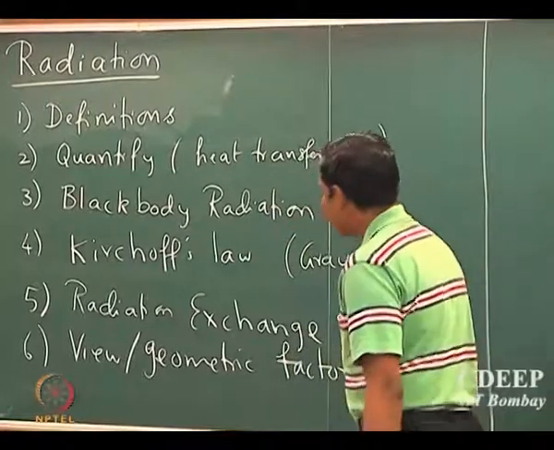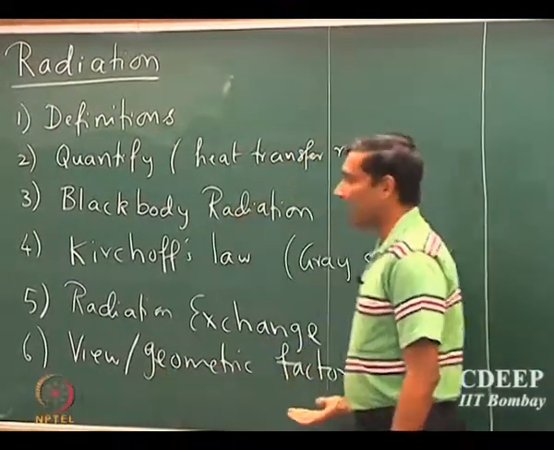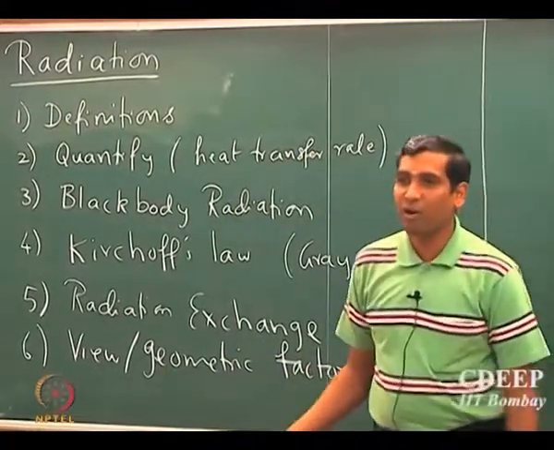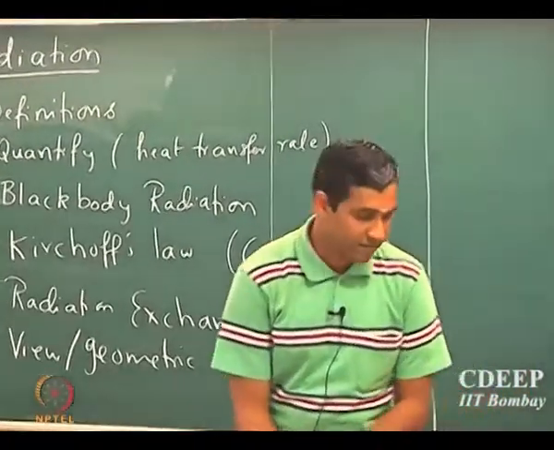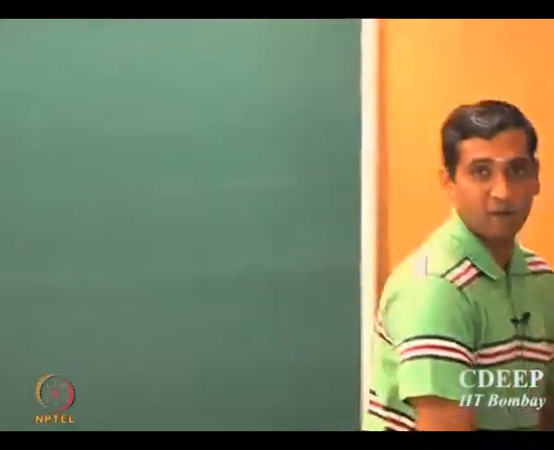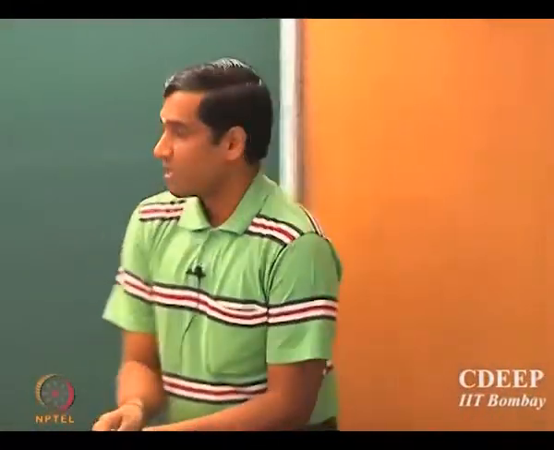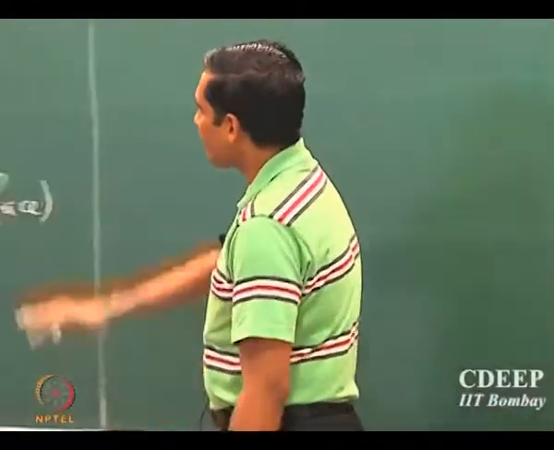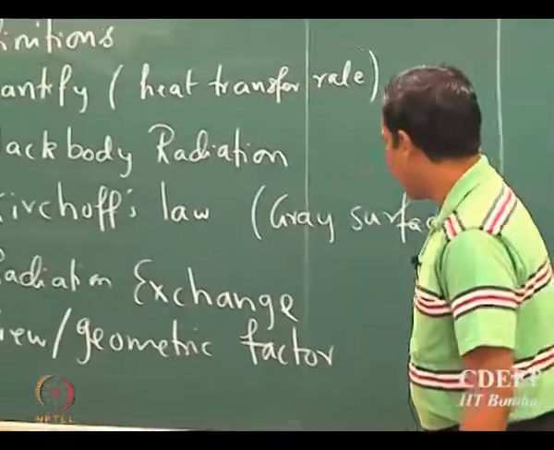So, one needs to find out what is the effect of the orientation, and that is what is generally called the view factor or geometric factor. So, we will look at how to calculate the view factor and geometric factor for various kinds of systems. That is what we will do in the next 8 lectures.